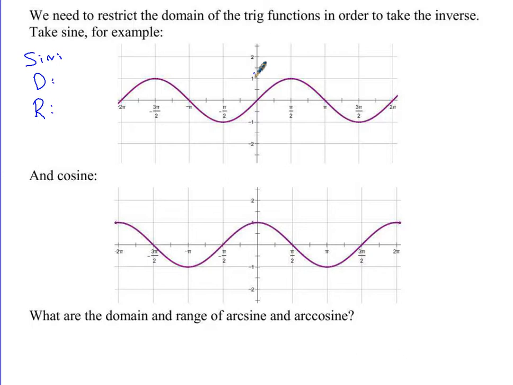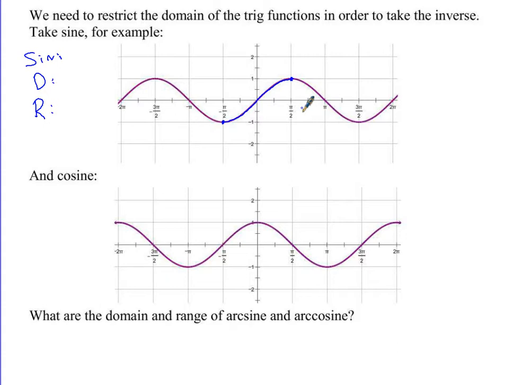We need to restrict the domain of sine, though, and we've done that already. What was our restriction? -pi/2 to +pi/2. If we restrict it in that way, then the function is strictly increasing. We made it monotonic over that domain.